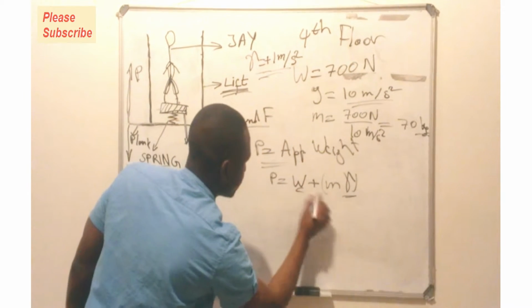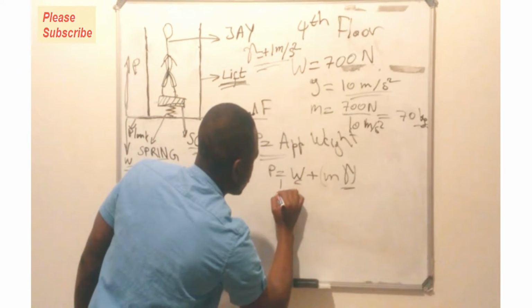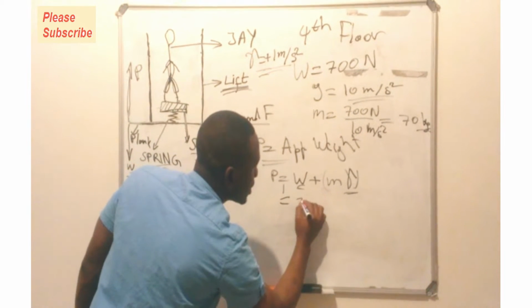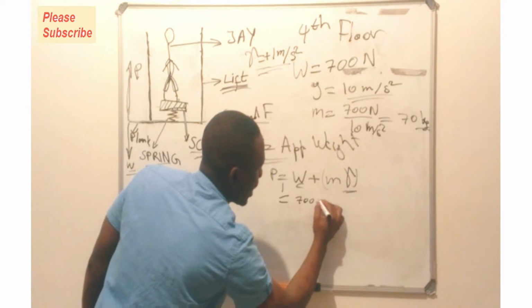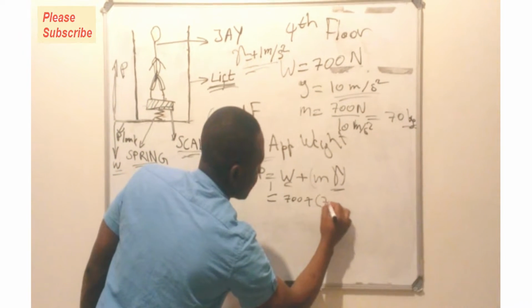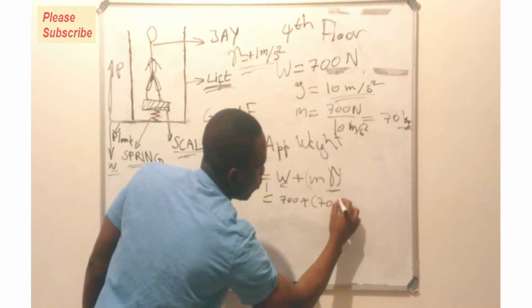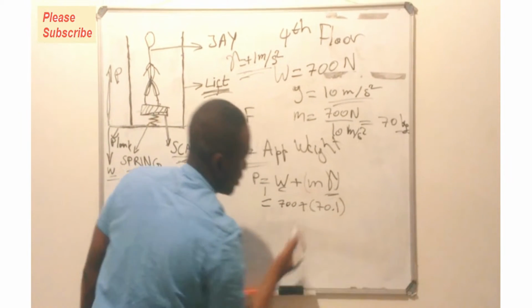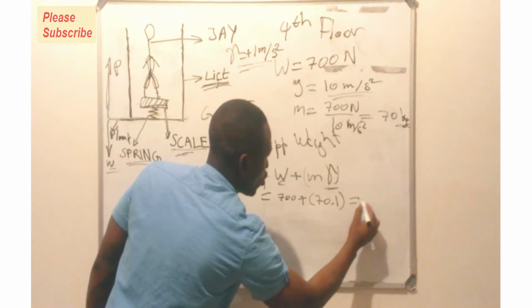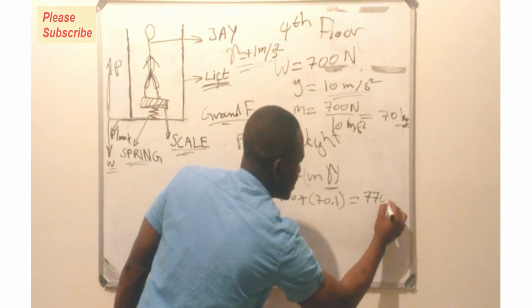So here we go. Now the apparent weight is 700 plus 70 multiplied by 1 meter per second squared, which is equal to 770 Newton.